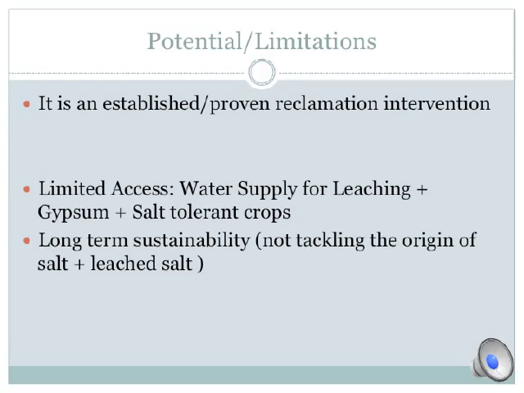And there might also be limited access to gypsum and salt-tolerant crops, which are good to combine for this purpose. In terms of long-term sustainability, there is no hard work on how this is going to tackle the origin of your salinity.